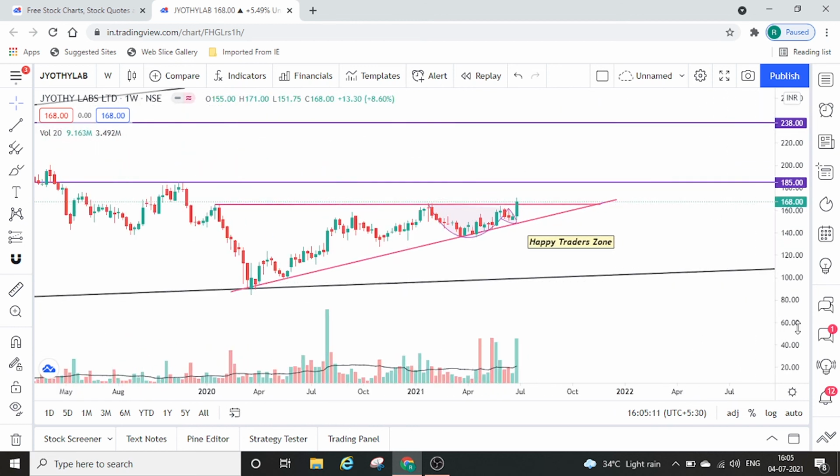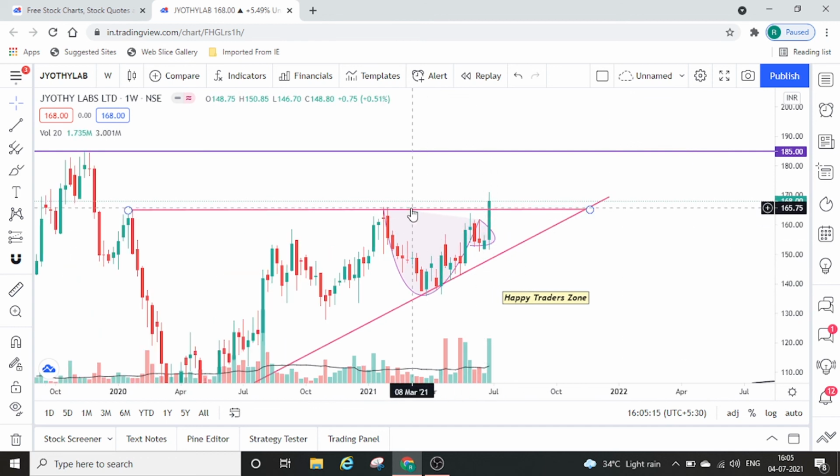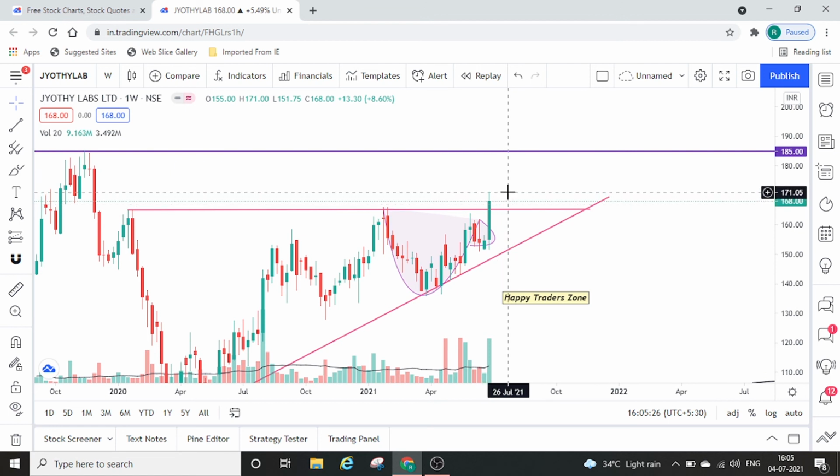And for the entry level, just consider this as the resistance, and the resistance has been broken out in the weekly time frame. There is a higher chance that once the higher level of 171 is broken out in the upcoming days, from 171 to 165 will be a good zone for buying.